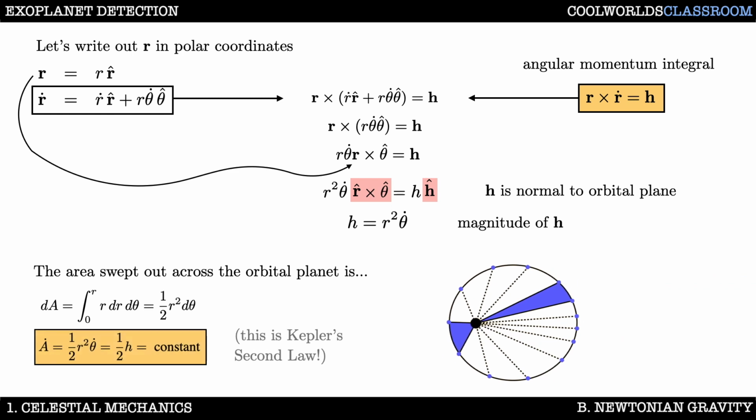Finally now, dividing both sides by dt, we get A dot on the left hand side and the expression we just derived on the right. Since h is a constant, then this means that dA/dt is a constant. In other words, planets sweep out equal areas over equal intervals.